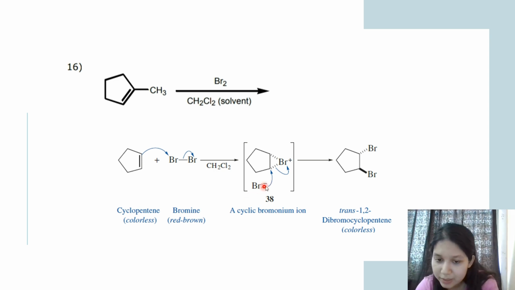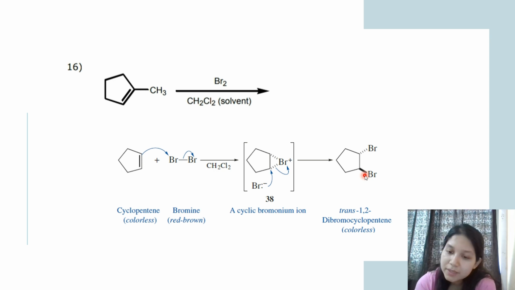So this bromide will come this way, and in turn this ring will open up and electron pairs will be pushed to this positively charged bromine, and you get this dibromocyclopentane. Okay, you get this dibromocyclopentane, not pentene. This is dibromocyclopentane.